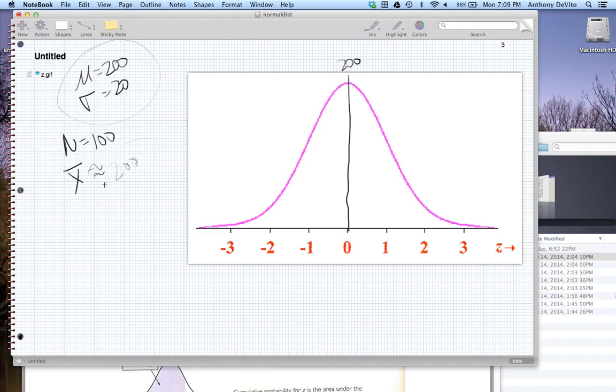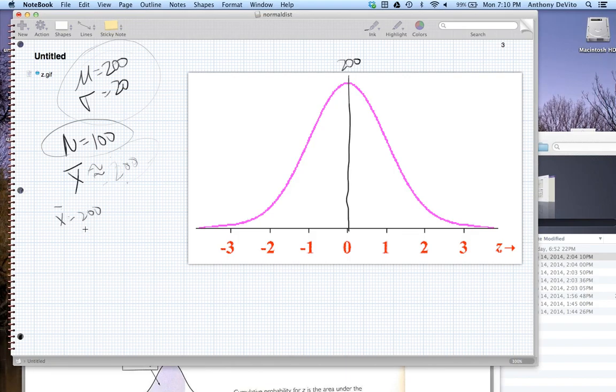It's less and less likely that it'd be very far below or very far above 200, especially with that big a sample size. Well, let's think about this for a second. If I were going to look at all of the samples, if I took a sample of size 100 from this population, maybe I get lucky and I find the mean equal to 200.